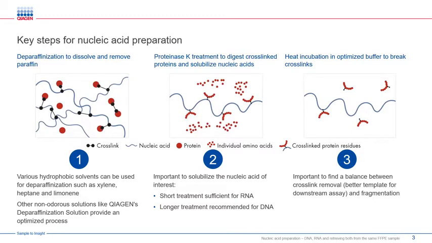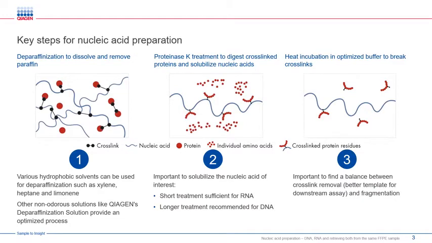And then the third step. Because we still have the protein residues cross-linked to the nucleic acid after the proteinase treatment, we need some way of removing as many of those as possible to make the nucleic acid a good substrate for enzymatic reactions. This is usually done by heat treatment in optimized buffers that helps chemically break these crosslinks.